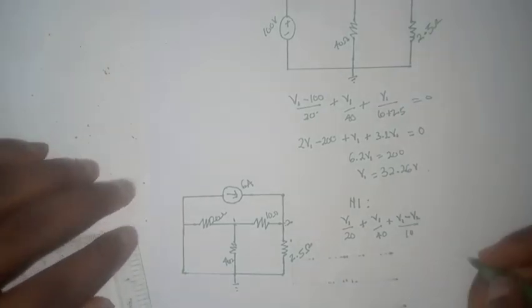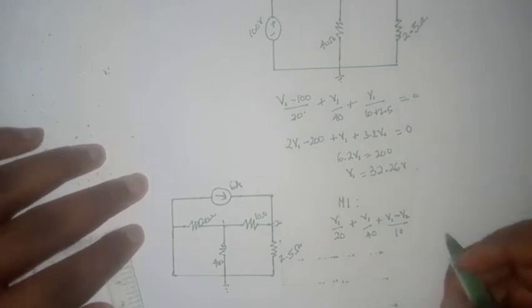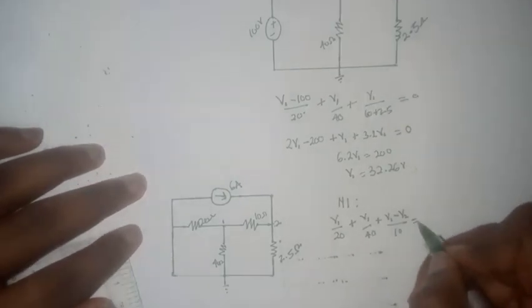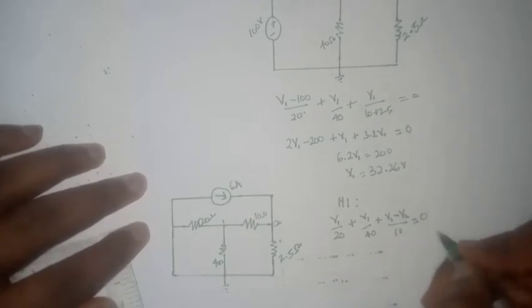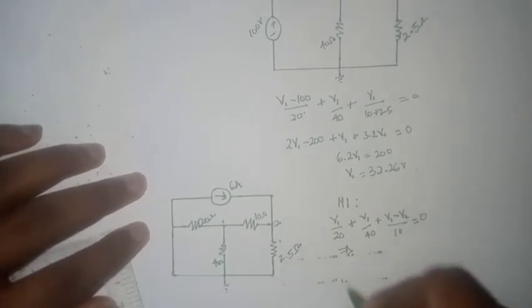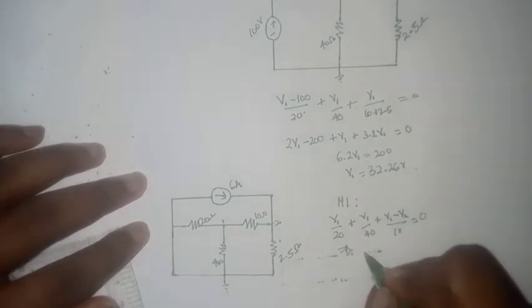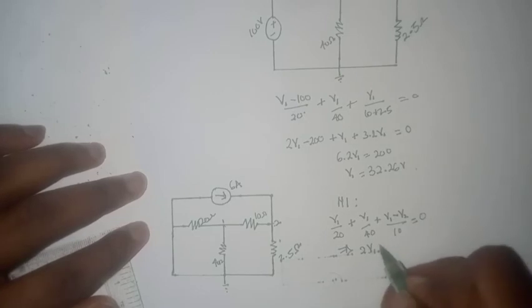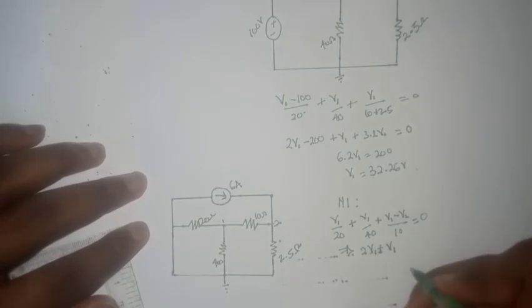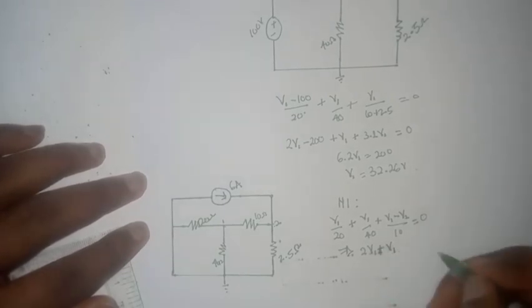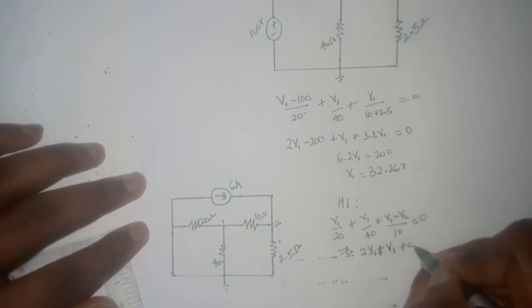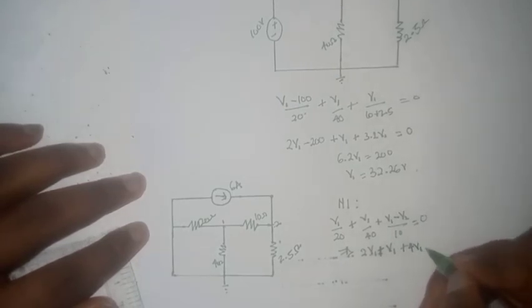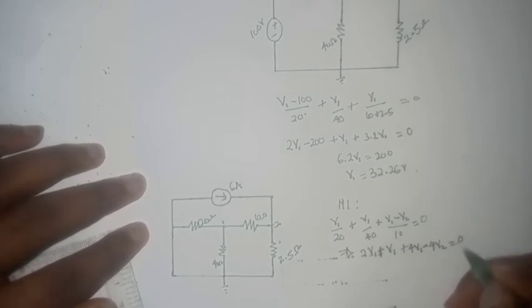We can then multiply through by 40. If we multiply through by 40, we would have 2V1 plus V1 plus 4V1 minus 4V2 all equals 0.